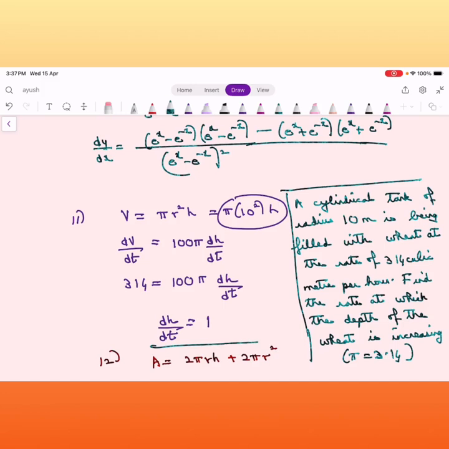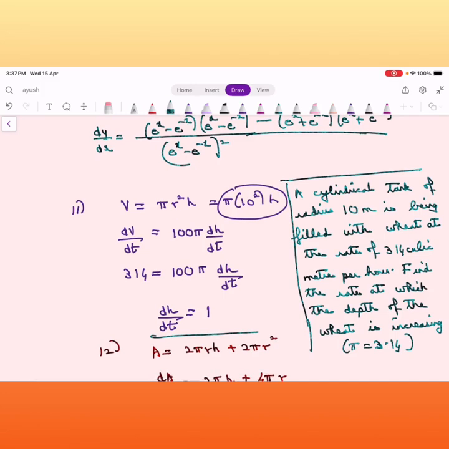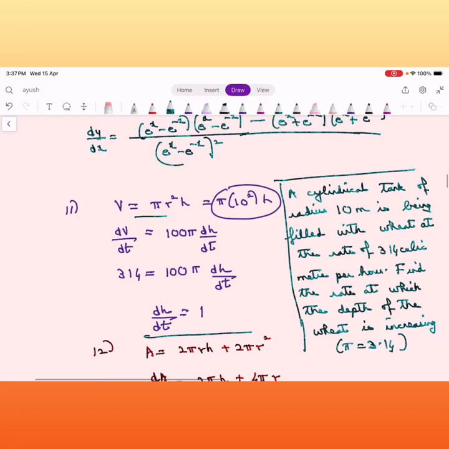So let's start. Now the volume of a cylinder. The cylinder is being filled with wheat. Volume of a cylinder is pi r squared h. The radius is 10 meters, so it becomes pi 10 squared into height. And you want to find the rate at which the depth of the wheat is increasing, basically dH by dt. So differentiate with respect to t.